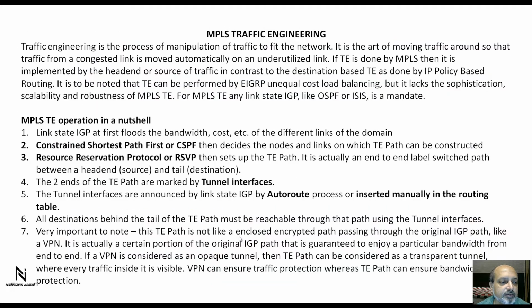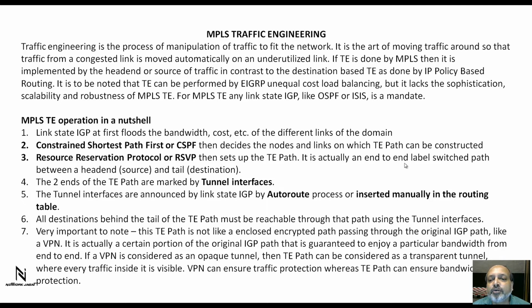Now what happens? Then another protocol comes into action. Its name is a simple one, Resource Reservation Protocol, but it uses a rather strange acronym. According to its full form, it should have been RRP, but here they are using RSVP. So RSVP sets up the TE path.